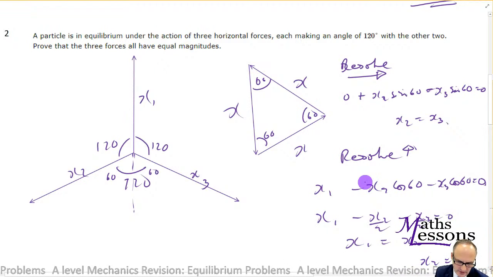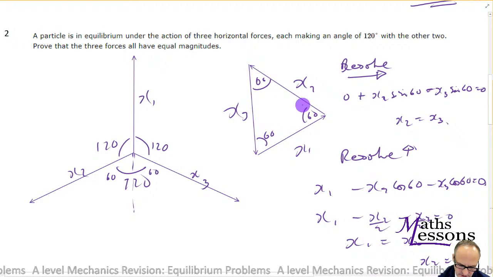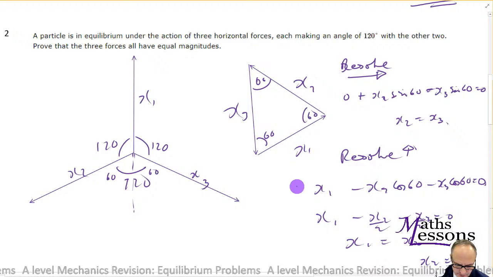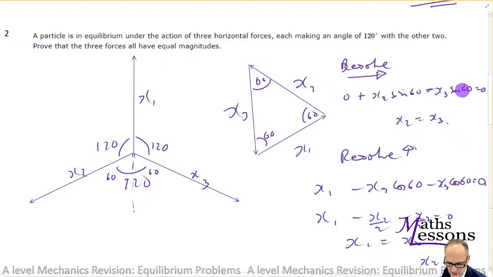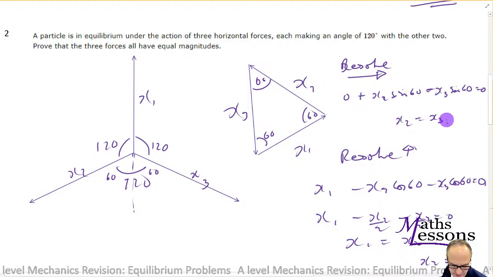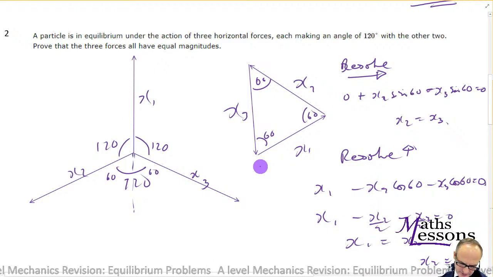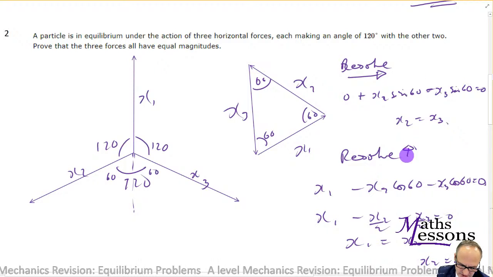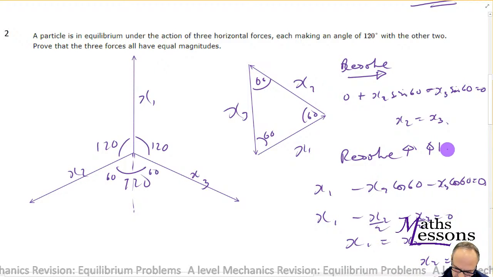So x1, x2, x3 must all be the same, because you've got a triangle where all the angles are 60s, therefore these must all be the same length. Or we can resolve it and show it, because horizontally x2 must equal x3, and then vertically, to be more specific, what I should have said is resolve parallel to x1.